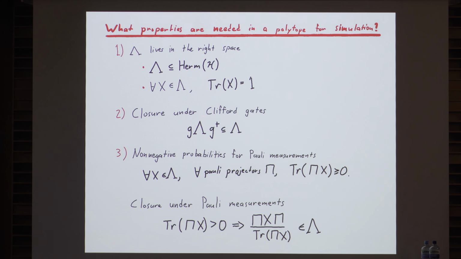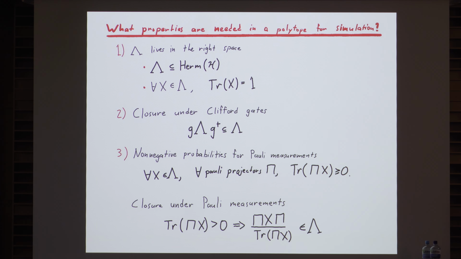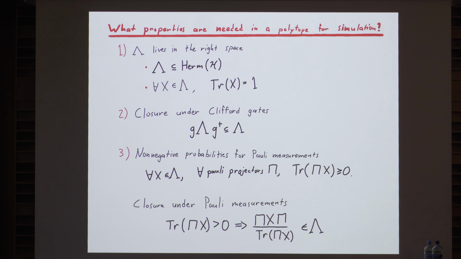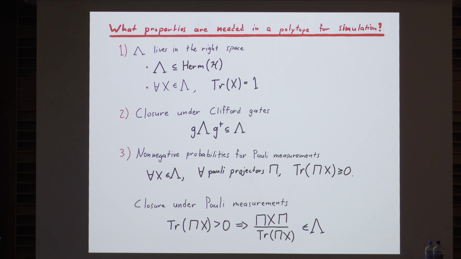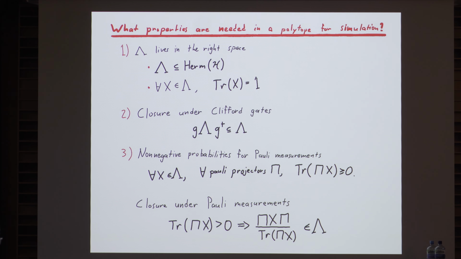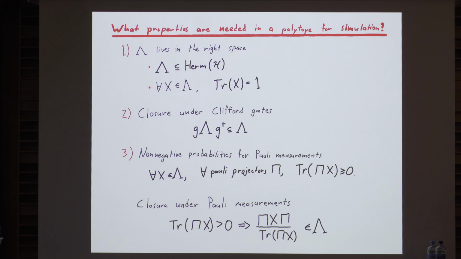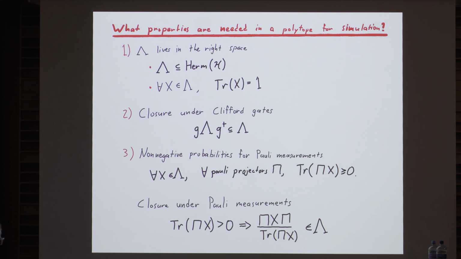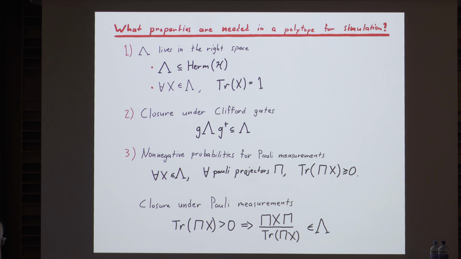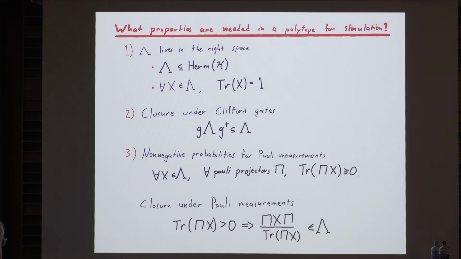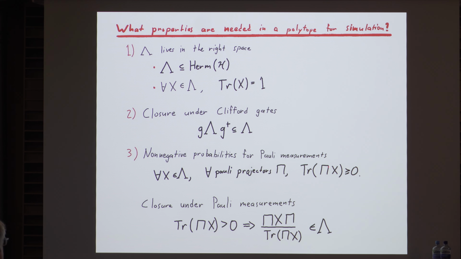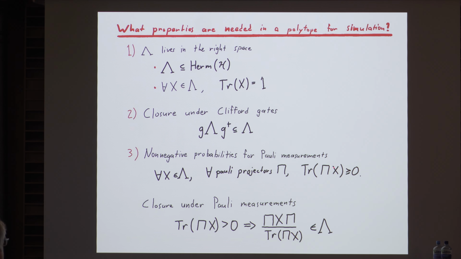You want to make sure it's closed under Clifford gates. So if you conjugate by a Clifford gate, you map back inside the polytope. This is somewhat weaker than what we usually get. Usually the Clifford group is a symmetry group of the polytope, but this is all you really need. And then you want nice behavior with respect to Pauli measurements. First, you want your simulation algorithm to predict non-negative probabilities for Pauli measurements, which means these trace inner products with Pauli projectors and elements inside the polytope should always be non-negative.